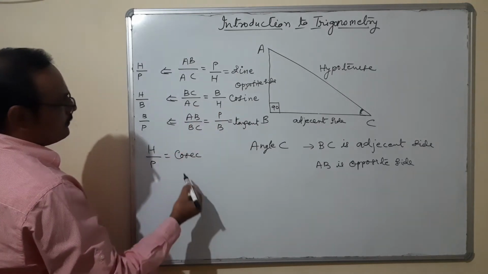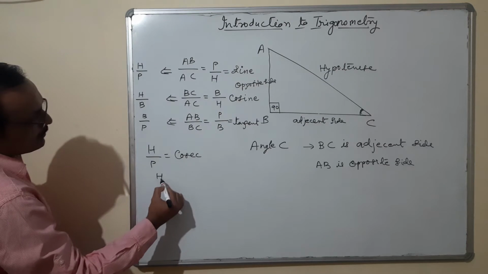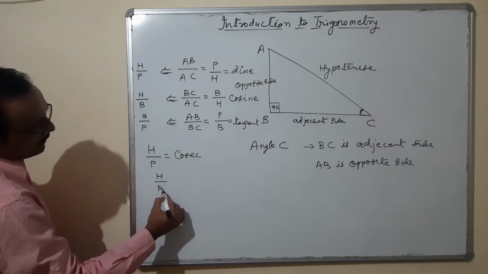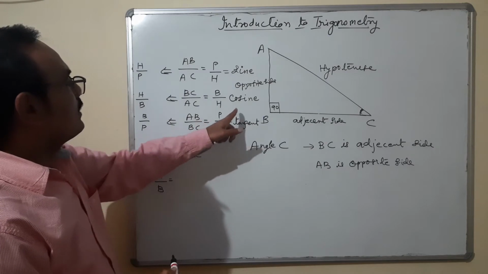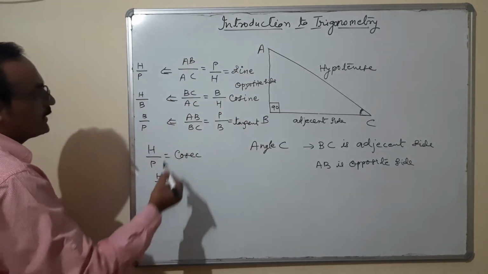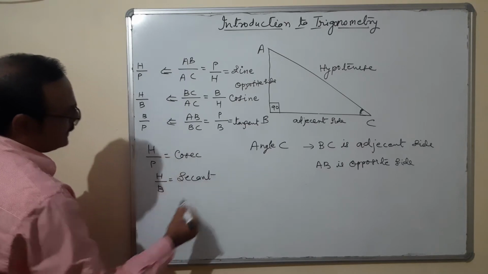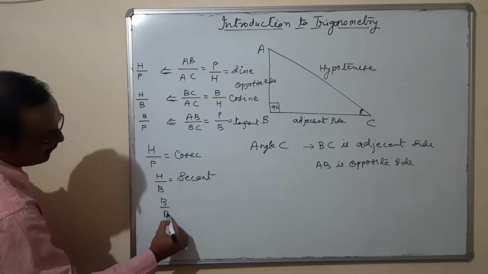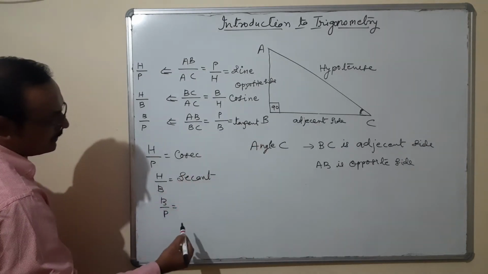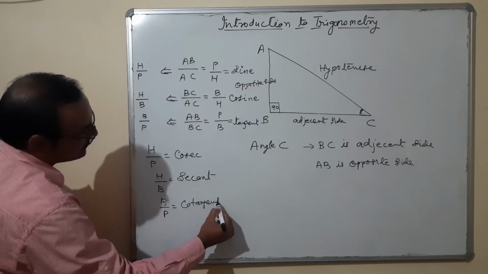The reciprocal of cosine, B upon H, is H upon B, which is secant. And B upon P, the reciprocal of tangent, is cotangent.